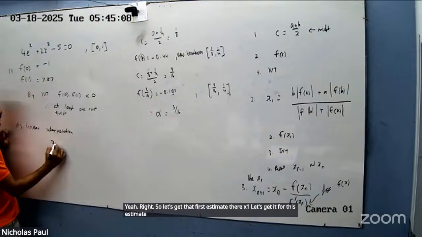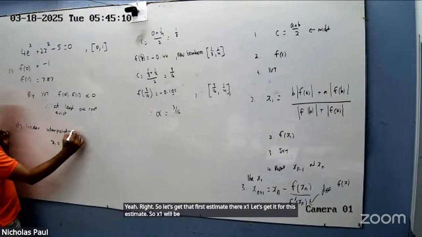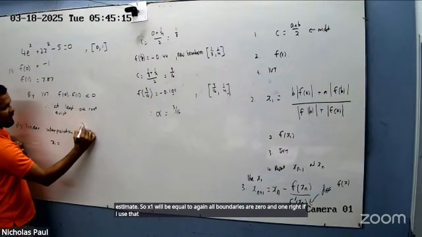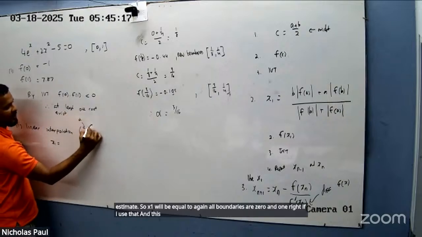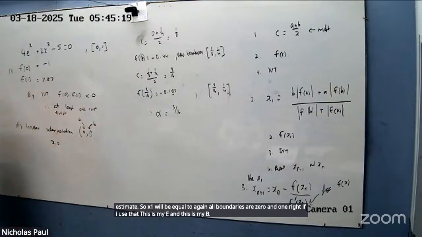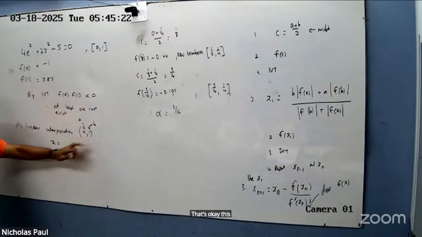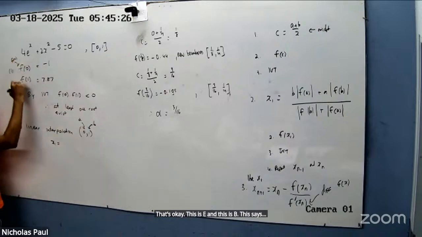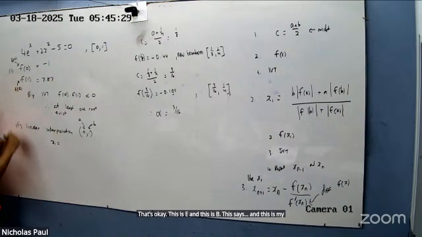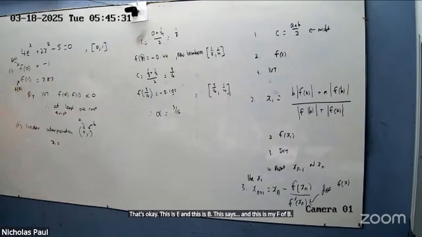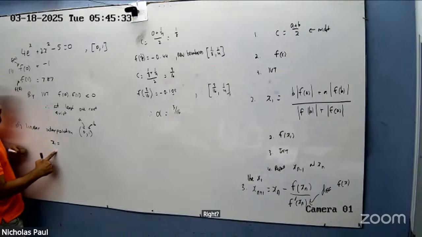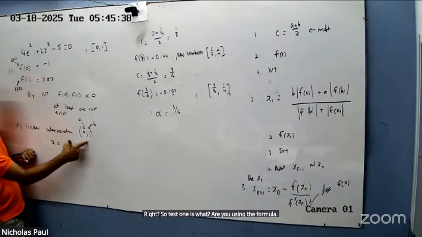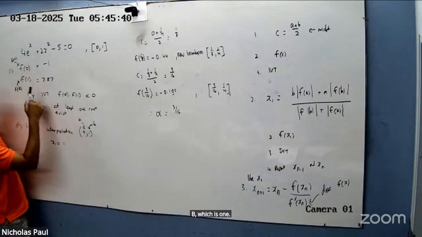So x1 will be equal to, again, the old boundaries are 0 and 1. So this is my A and this is my B. This is f of A and this is my f of B. So x1 is what? I'm using the formula: 1 by f of 0.